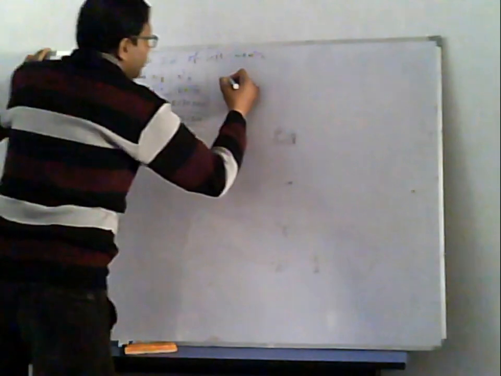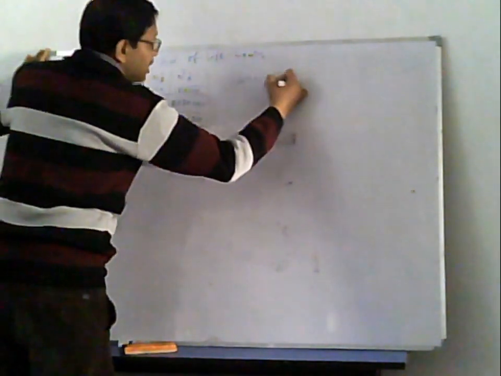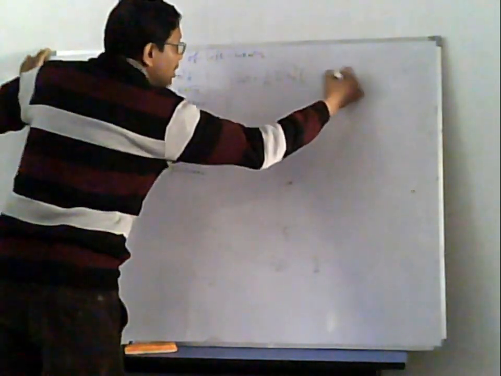Now we have to calculate the variance. How do we calculate the variance? Again, variance equals 1 by capital N into sum over xi square into fi minus x bar square. This is the formula. Yes.